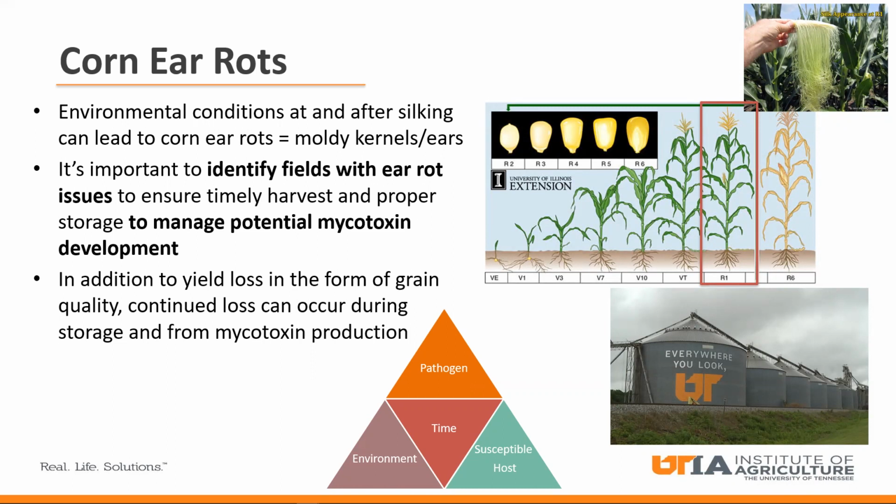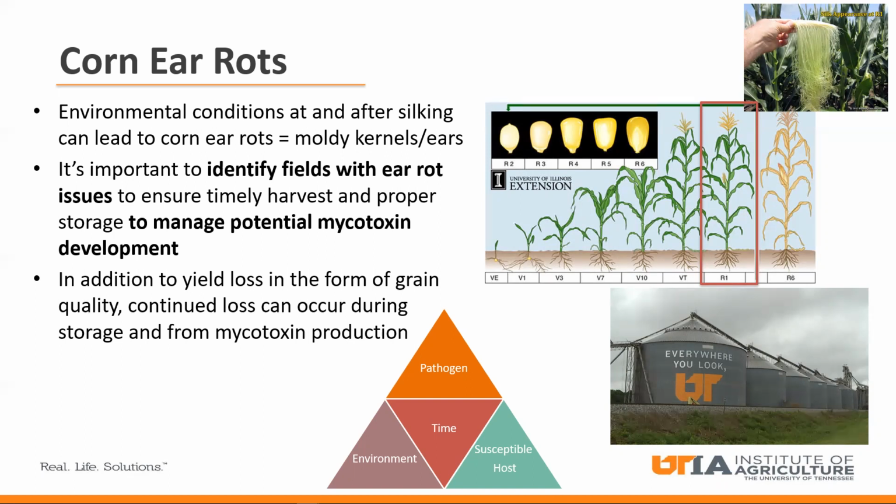And then the 2 really important legs in this triangle, especially for ear rots, are your time and your environment. So your timing: these ear rots occur at or a little bit after R1, which is silking. R1 is highlighted in red in this presentation, and you can see the silks up in the right-hand corner.